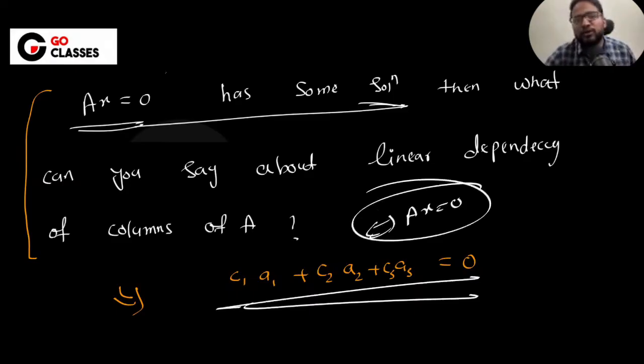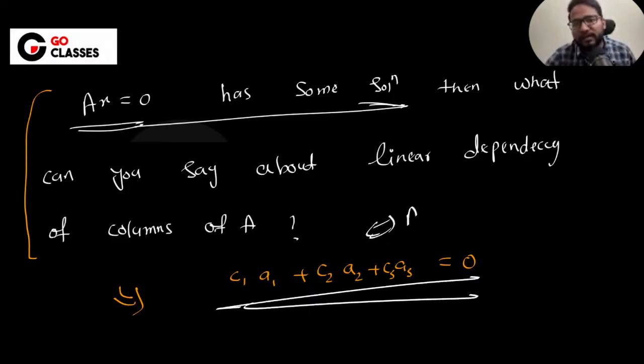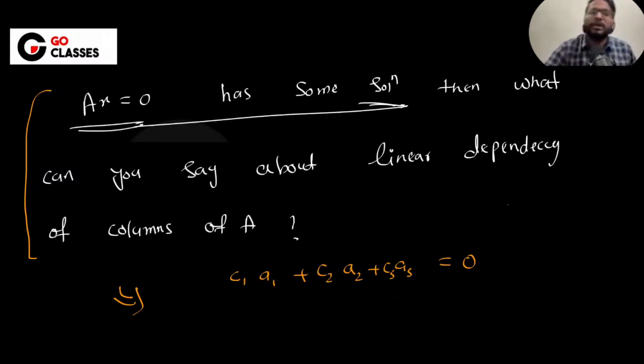So if they say Ax equal to 0, you should mean that they are basically writing this equation. They are saying this equation is having some solution. Then what can you say about whether the columns are linearly dependent or independent? Let me know.